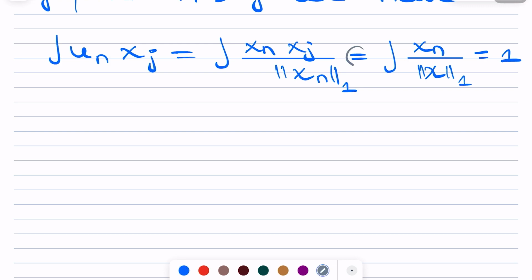This comes from the fact that since n is greater than j, and the sequence Wn is decreasing, Wn is contained in Wj.